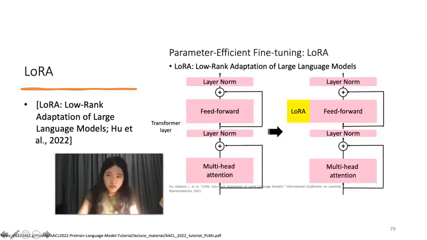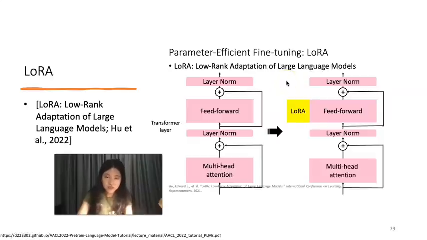I've taken the slides from this great language model tutorial from AACL last year, and I encourage all of you to read through it. Now I just use their slides to share my thoughts on what LoRa does. For LoRa, low rank adaptation of large language models, we add this small adapter, this LoRa adapter, in the feed-forward module.